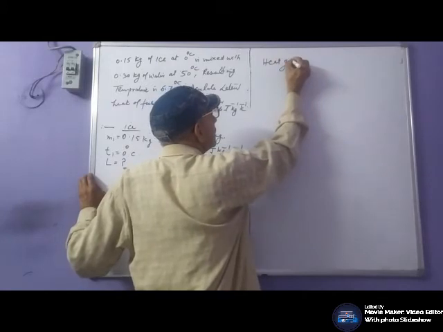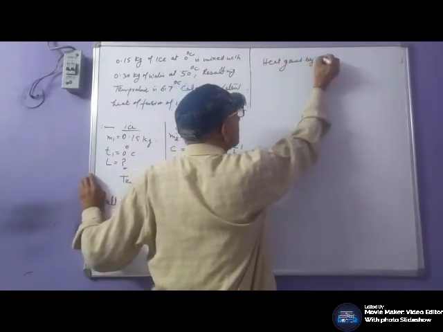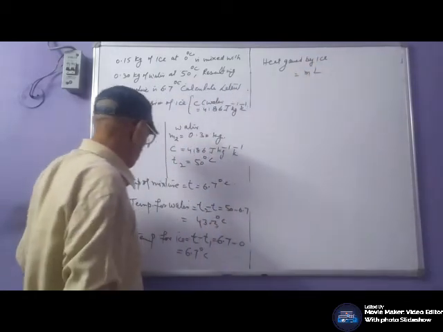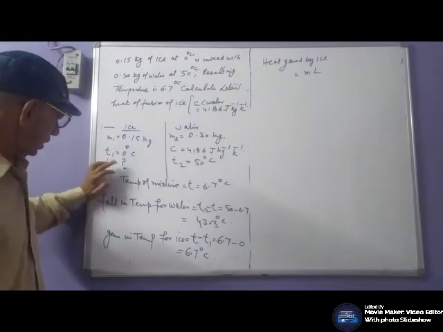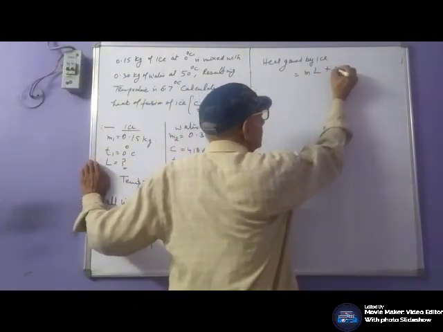Heat gained by ice is ML for 0 degree ice to 0 degree water, then MCT.